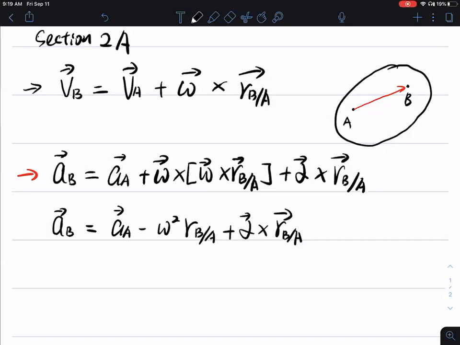I want you to make a note here. Look at this, omega. Do I have a vector sign notation? That's right. Write it down. That's a scalar, the angular velocity omega. There are no vectors. The scalar omega squared.